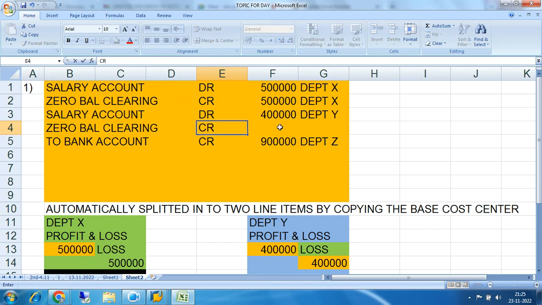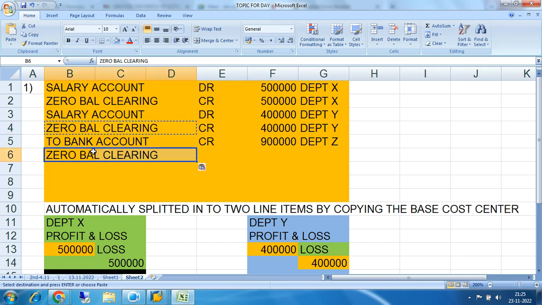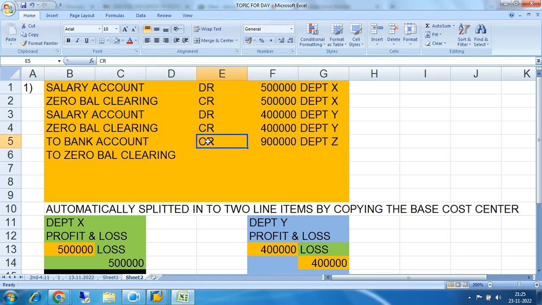This will be credit, and the amount is also the same. Okay, and here for the bank account 9 lakhs, there will be another zero balance clearing. This will be 2 zero balance clearing, and this is credit, so this will be debit, and the same amount will be copied here.